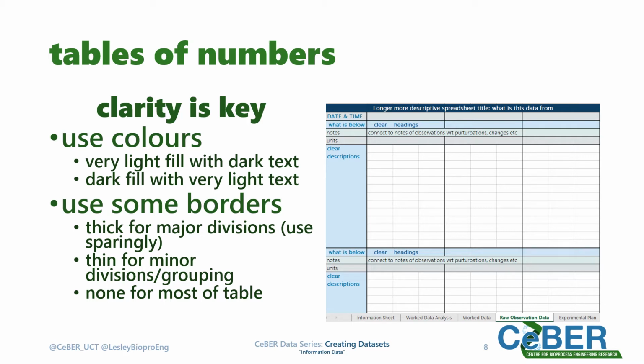For example, use a division to show that 3 or 4 readings of different sorts are all on the same day, or that 3 or 4 readings are all the same type of reading, and the next lot are a different type of reading. Maybe pH is all in one block, and Eh is all in another.